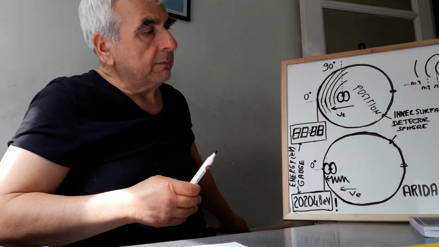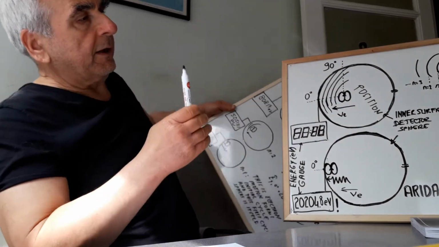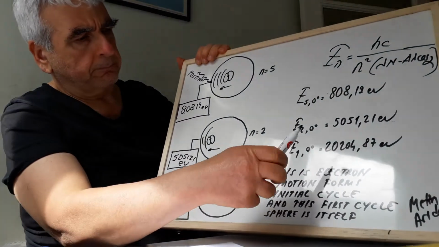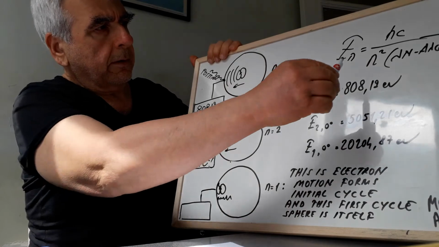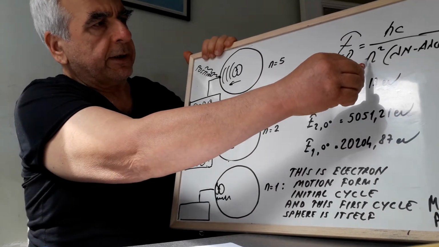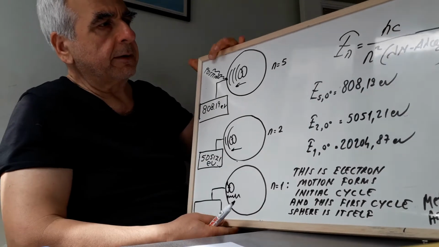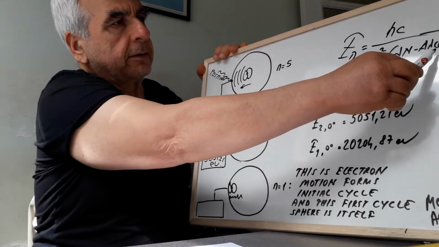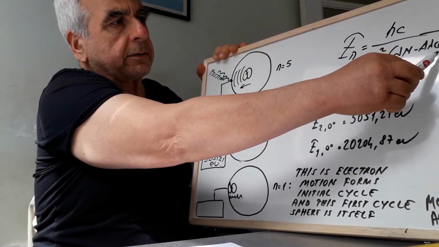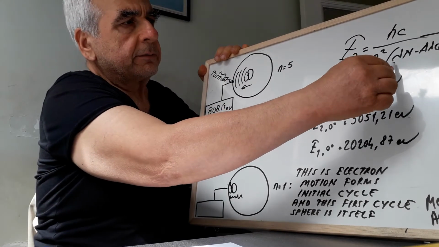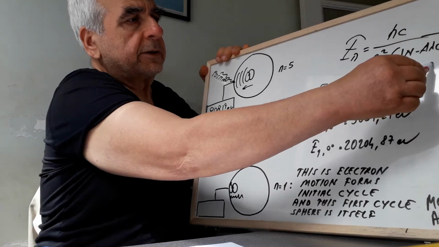What is that? First cycle energy. Here, I put in n equal 1. Okay. Then cosine 0 degree is 1. It means it is so important.